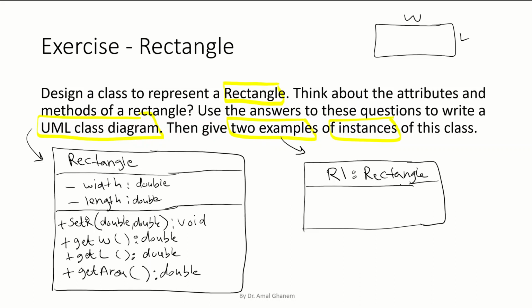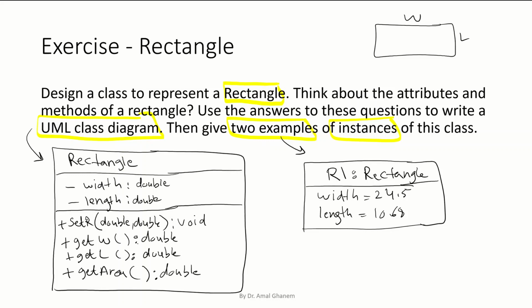And I will have two attributes. I will have width, and I will have length equal, and I just give some value. So for example, I will say the width as 24.5, the length for example as 10.68. Just give any values that are double values.